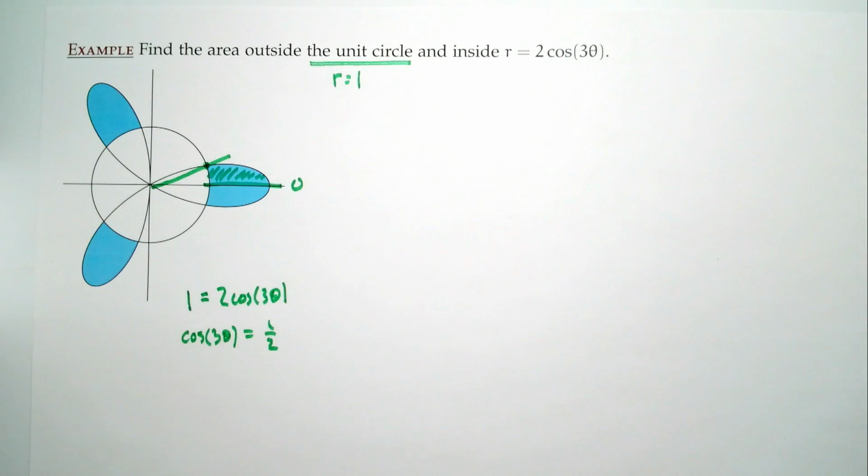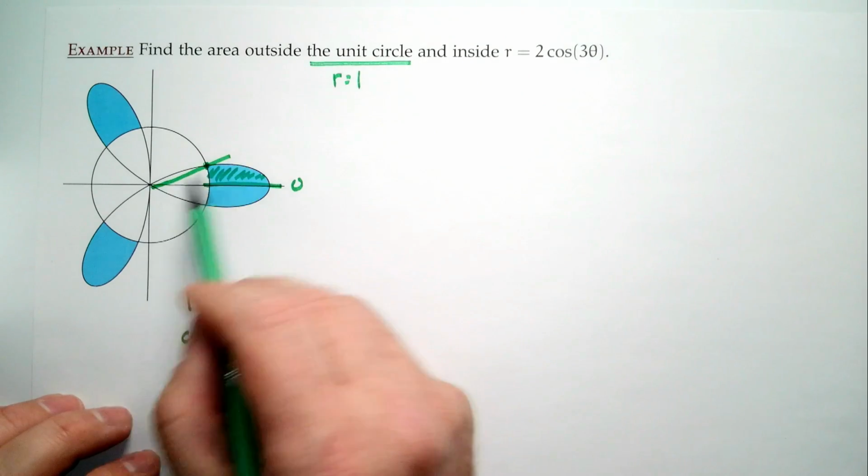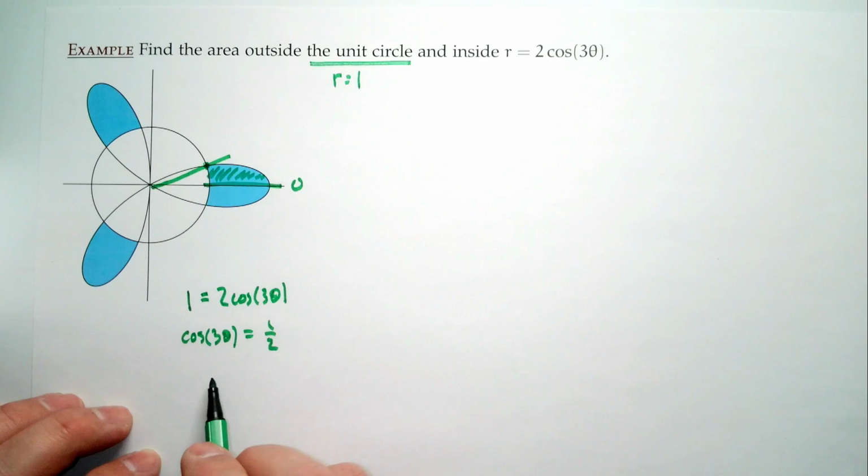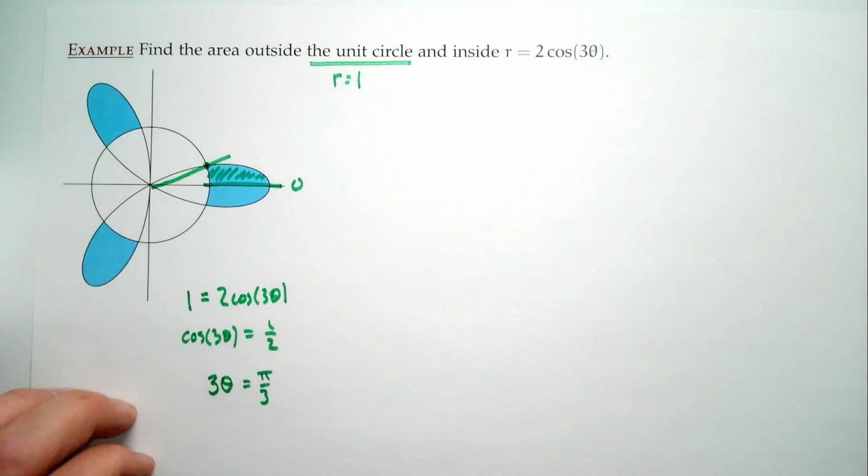We have some people saying pi over 3. I also heard pi over 6. It's probably one of those two. Which one is it? It is pi over 3, yeah. Now you're probably thinking, that does not look like a 60-degree angle, because it's not a 60-degree angle. What's happening is the 3 theta, that's our input, has to equal the first time that our input gives us a cosine of a half, which is when our input is pi over 3.